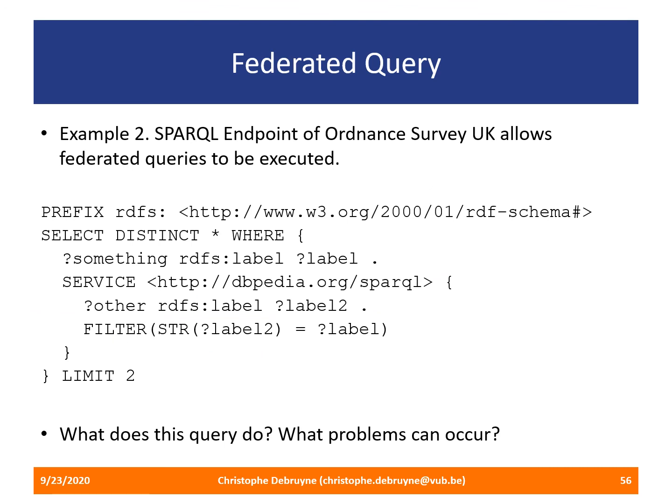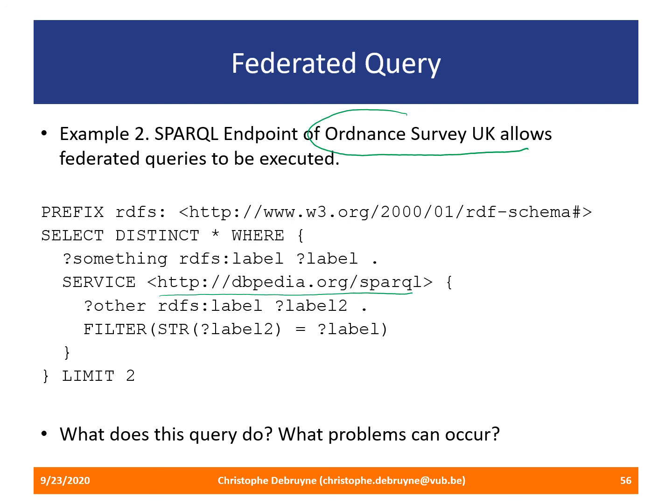Here's another example of a SPARQL federated query. At the time I created that query, it was possible to run this query on the Ordnance Survey UK SPARQL endpoint. And in this particular example, I'm looking for things and their label, but I'm consulting the DBpedia SPARQL endpoint inside that service.